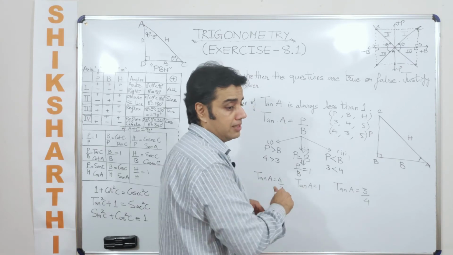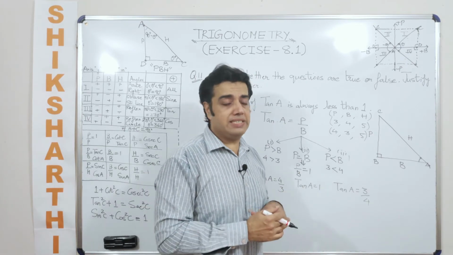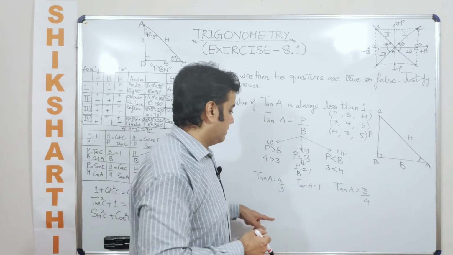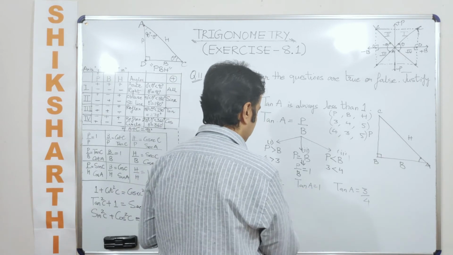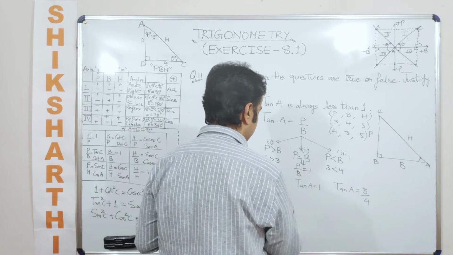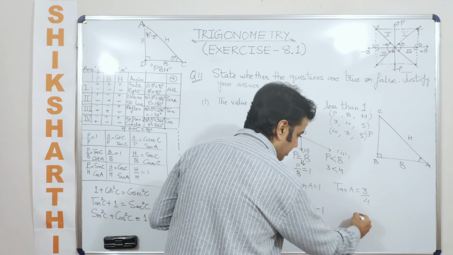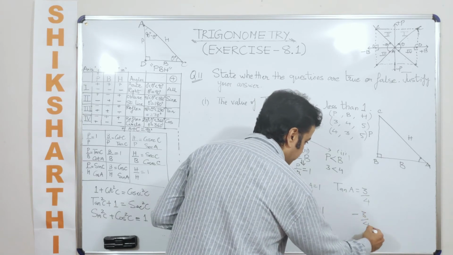If I talk about an obtuse or reflex angle, these values become negative. The point I am trying to make is that tan A can be 4 by 3, it can be minus 4 by 3, minus 1, or minus 3 by 4 as well.